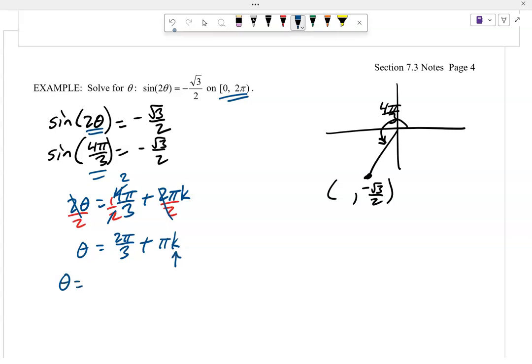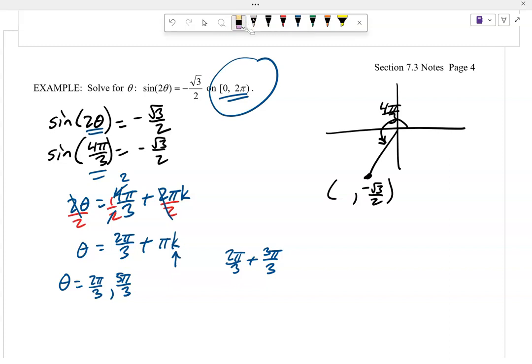So if k is 0, then we just have 2 pi thirds. If k is 1, 2 pi thirds plus pi, or 3 pi thirds is pi, right? We got 5 pi thirds. Now notice 5 pi thirds is still within 0 to 2 pi, right?